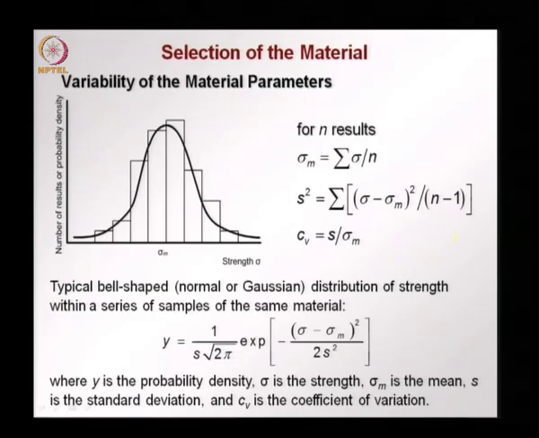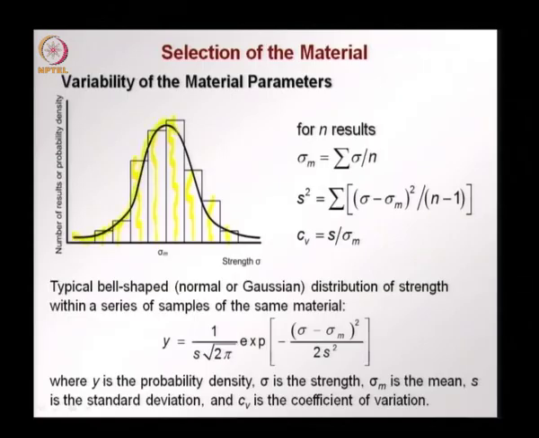Normally you would have these different numbers giving you the number of results for each strength value, and that can be approximated by this bell shaped curve or a Gaussian distribution.